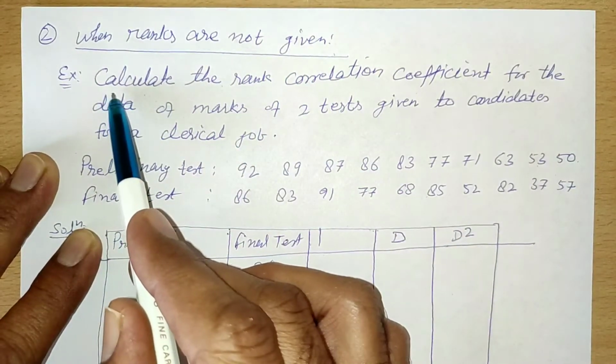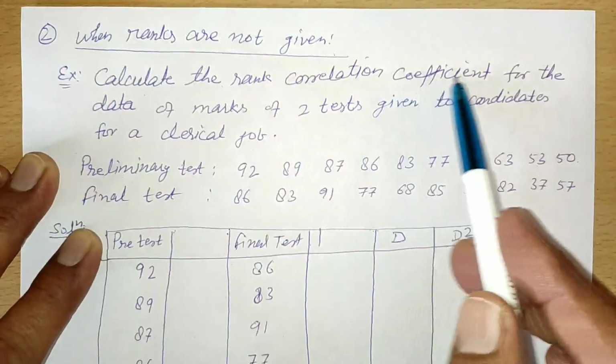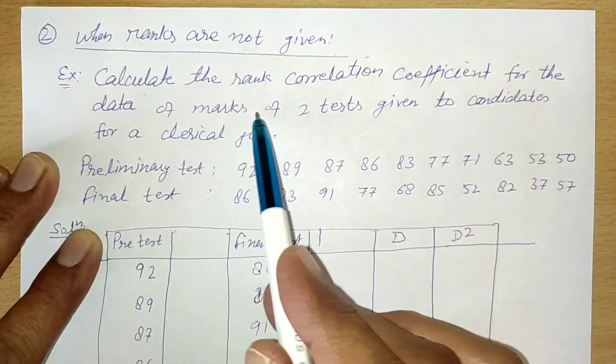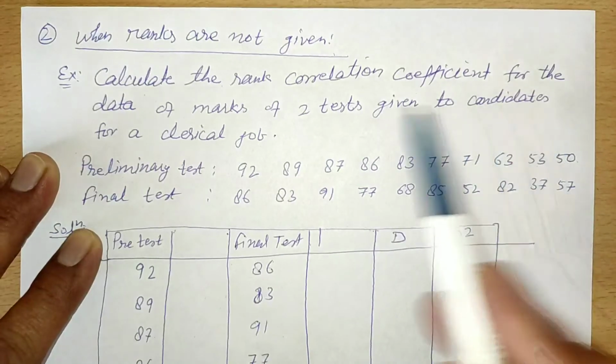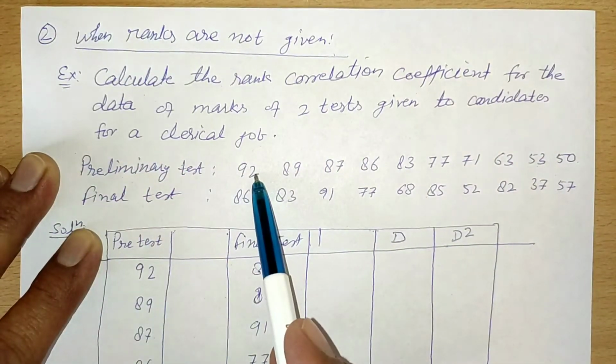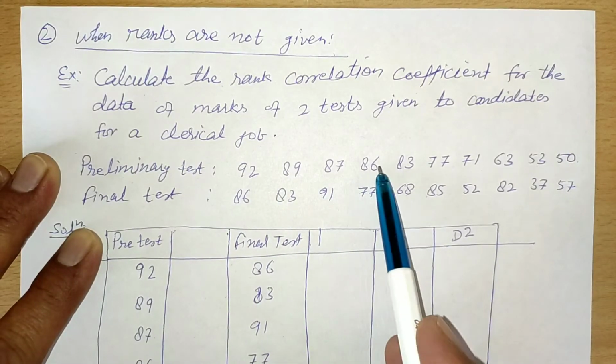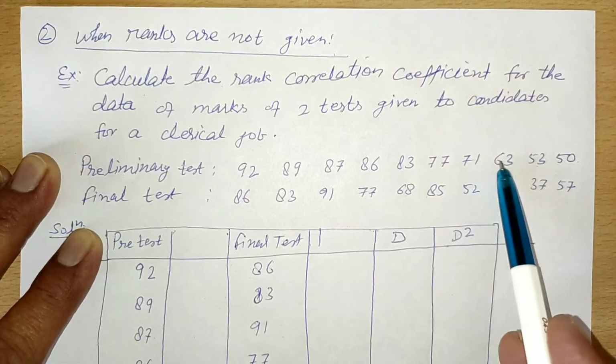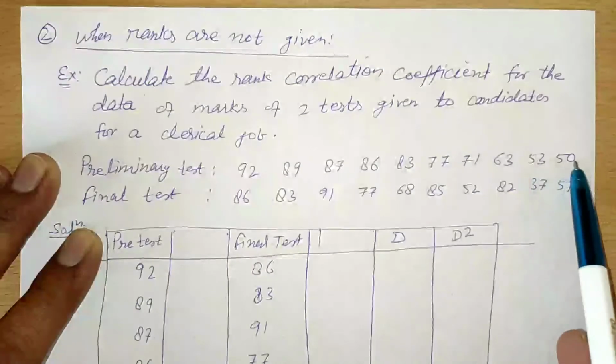In this example, calculate the rank correlation coefficient for the data of marks in two tests given to candidates for a clerical job. In the pre-test, the marks are: 92, 89, 87, 86, 83, 77, 71, 63, 53 and 50.